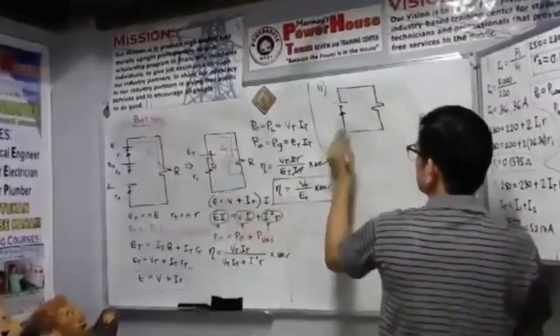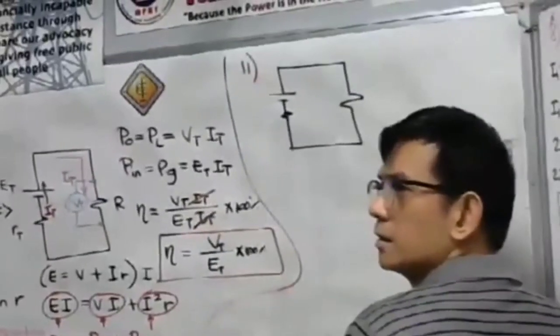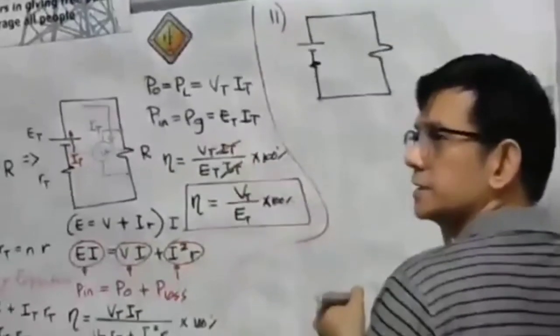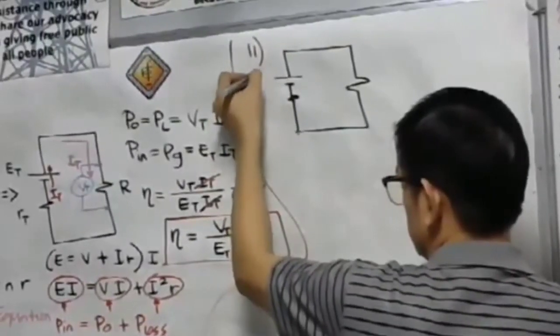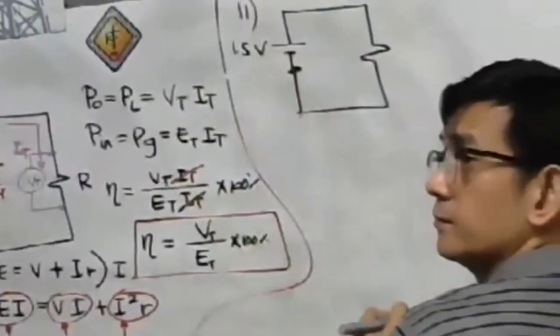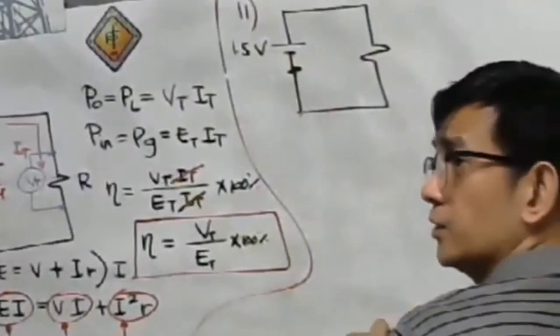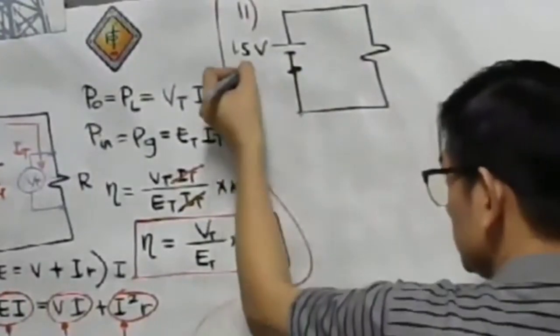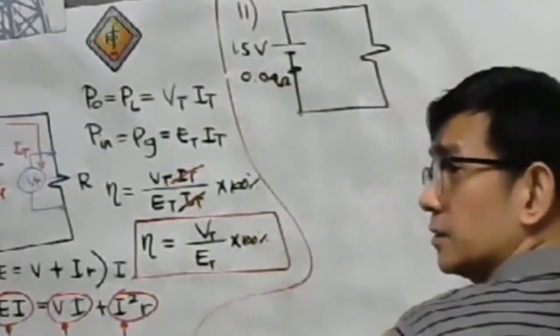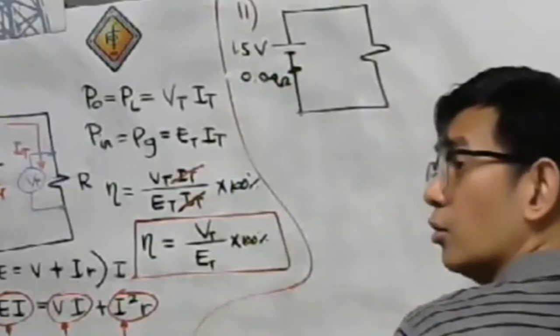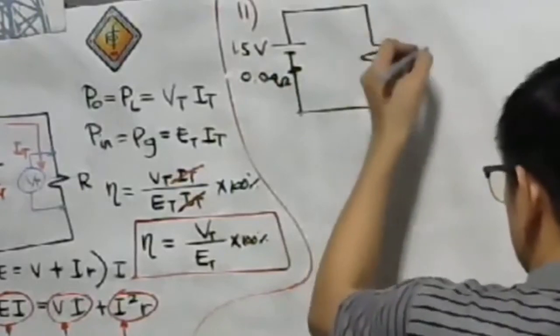Okay, so we have a dry cell. So it has 1.5 volts. Internal resistance 0.04 ohm. Calculate the power delivered to the 0.06 ohm resistor load.